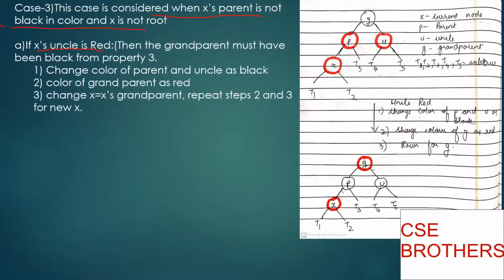This is the parent of X, G is the grandparent of X, and the other sibling other than the parent will be the uncle of X. So U over here is the uncle of X, P is the parent of X and G is the grandparent of X. If X's uncle is red, then we'll simply change the color of parent and uncle to black, and we'll change the color of grandparent to red, and then we'll repeat steps 2 and 3 for the grandparent unless we reach the root or unless we are able to see a stable red-black tree.